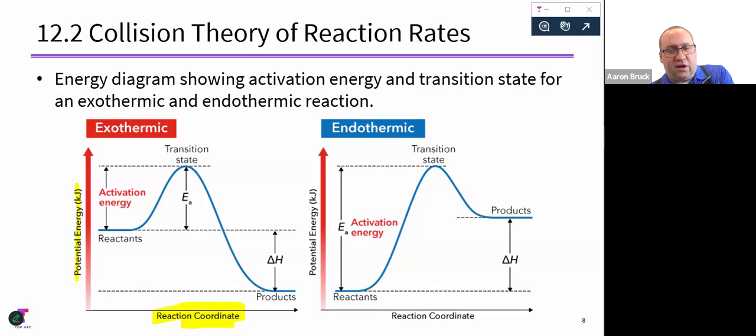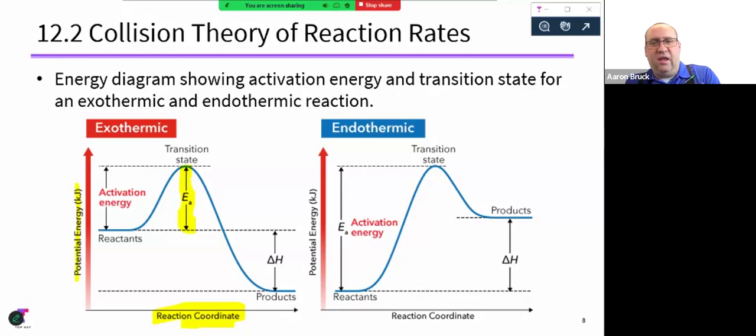Now, adding in the piece here, what we can see is that activation energy is this energy that exists to get us over that mountain to allow us to turn the reactants into products.